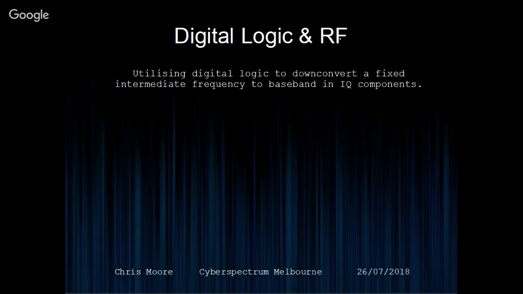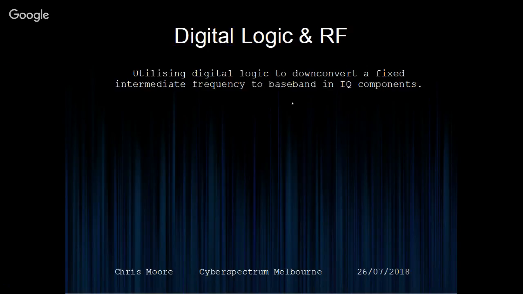One of the best ways of doing that was to down convert in quadrature, which also means that I can quite easily visualize the modulation constellation on an oscilloscope using the X and Y plot settings.